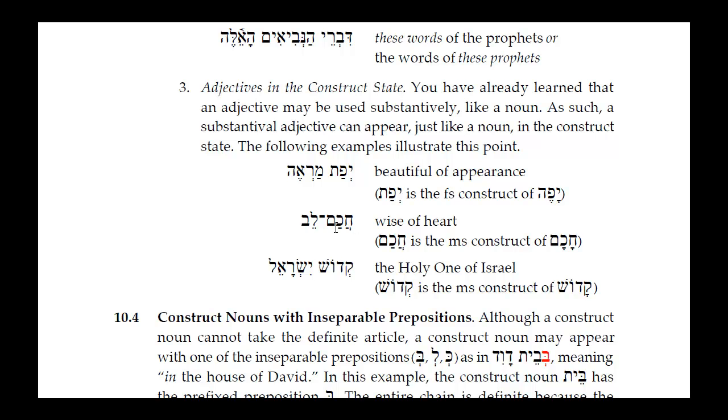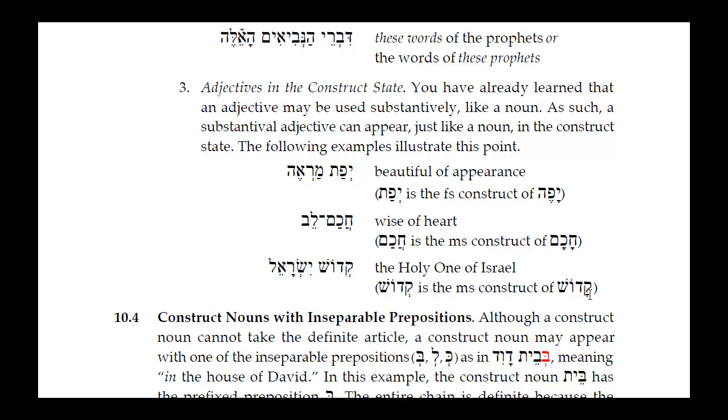And you see this vowel reduction. We're going to get into that vowel reduction in our next lesson, in which you'll see how to recognize these construct nouns through vowel reductions as well. So the third, we have Kedosh Yisrael. Kedosh, with this shewa and the qof, is the masculine singular construct of Kadosh.